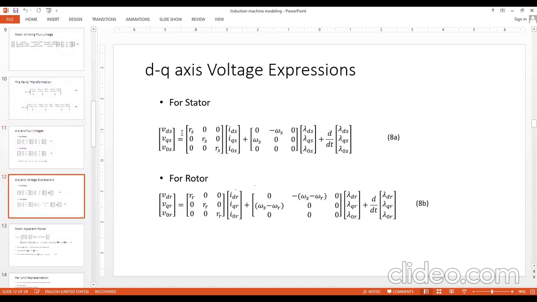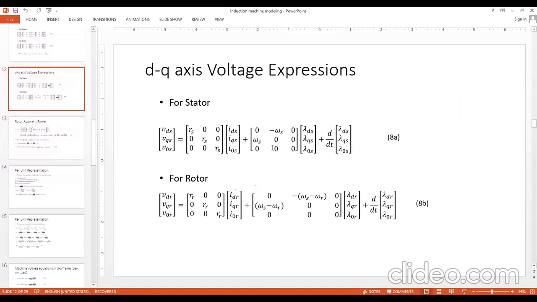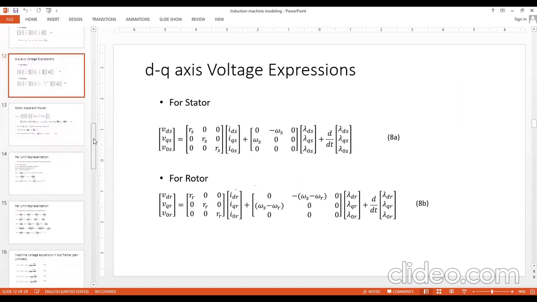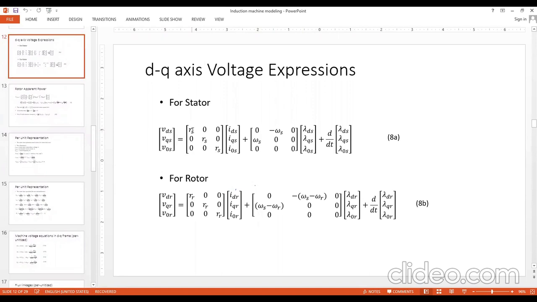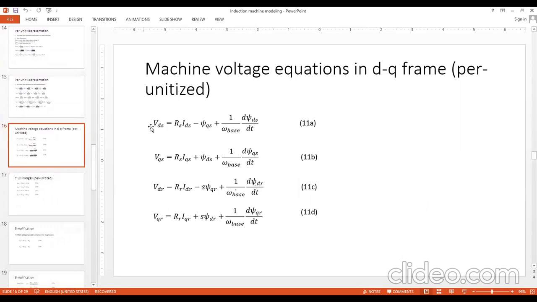Okay, so these are in actual quantities. Now you transform. You see there are small symbols, small v ds, small v qs. So from 8a, this is in actual form. Voltages are in actual quantities, the stator resistances are in actual quantities, the currents are in actual quantities, flux linkages are in actual quantities. So when we take the per unitized representation, they become capital, and there are some changes.